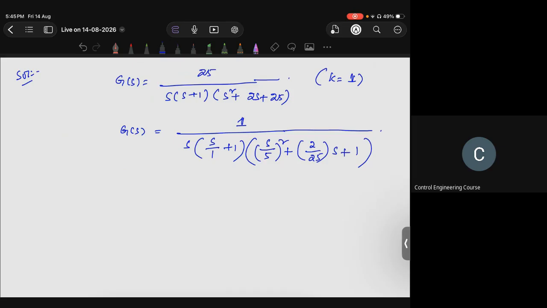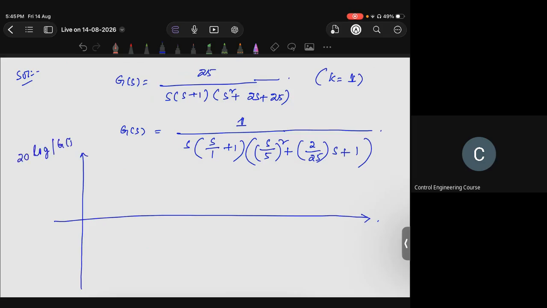Now I'll draw the rough sketch of the Bode plot, just a rough sketch for k equal to 1. So it is 20 log mod G(j omega).